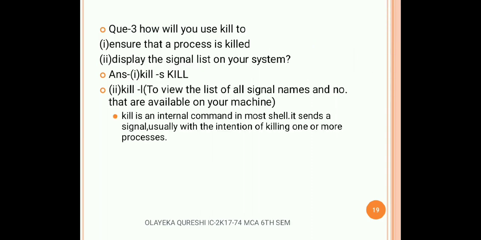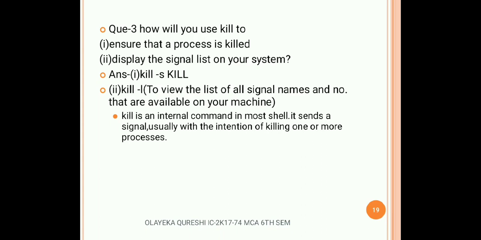How will you use the kill command to ensure that a process is killed and display the signal list on your system? To ensure that the process is killed, we will use kill -s kill. And to display the signal list on your system, we will use kill with the -l option.